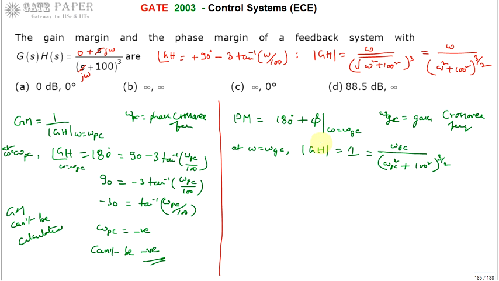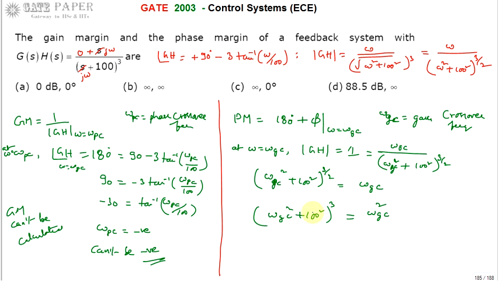So you can write it as (omega GC square plus 100 square) to the power of 3 by 2 is equal to omega GC. Take square root on both sides, so that it will be equal to (omega GC square plus 100 square) to the power of 3 is equal to omega GC square.